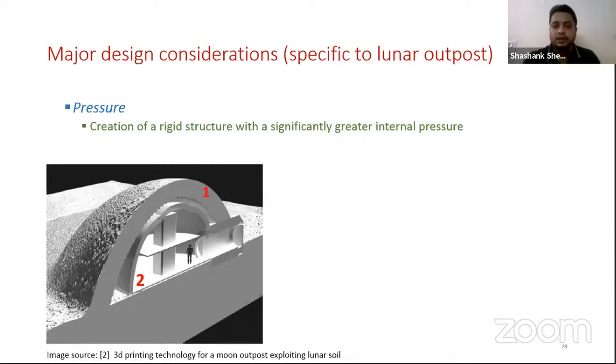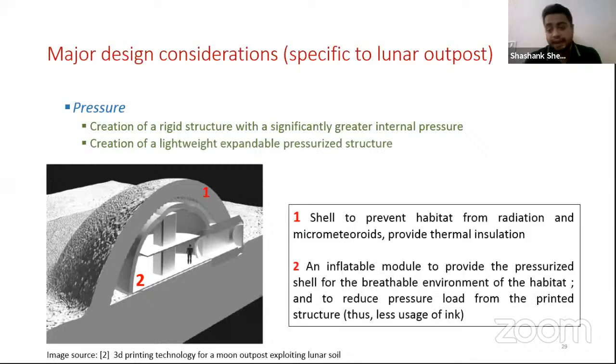If we get the inside module in touch with the outer shell, then that would put pressure on the shell, so we have to design that structure accordingly. Or we can leave a gap, with a separate inner module from the outer printed shell, which can act as a kind of radiation shield.